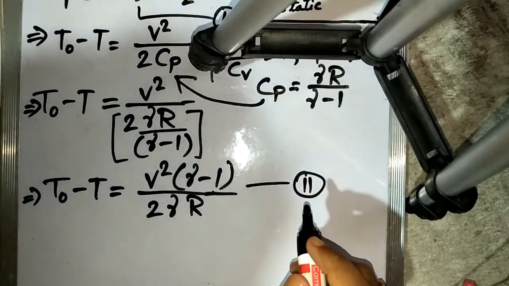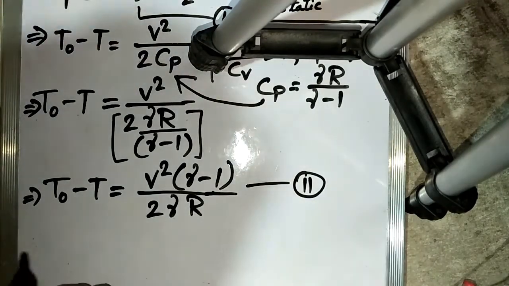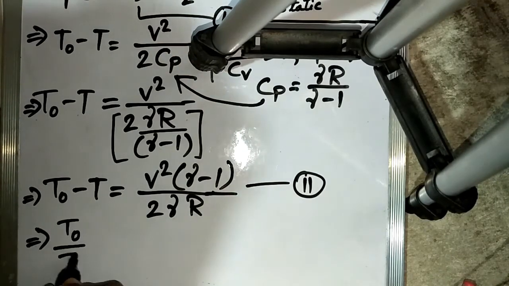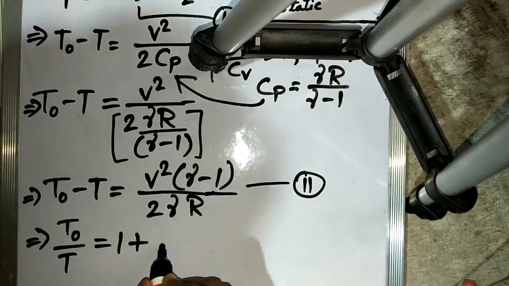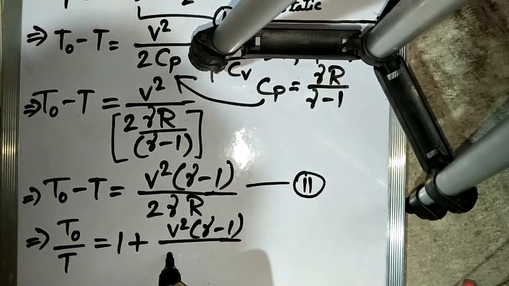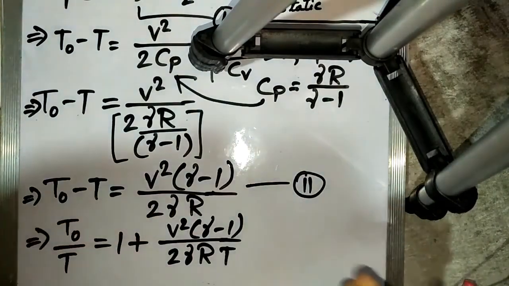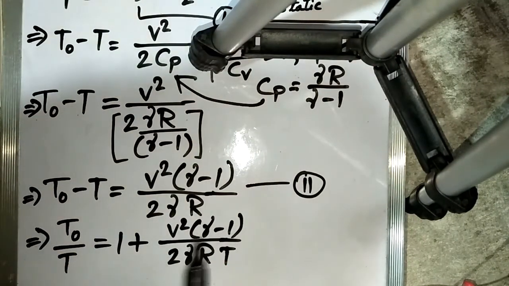From this equation we can rearrange this: T0 by T equals 1 plus V square into gamma minus 1 by 2 into gamma RT.